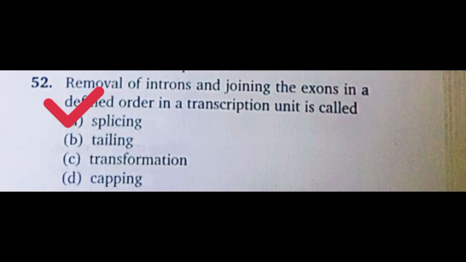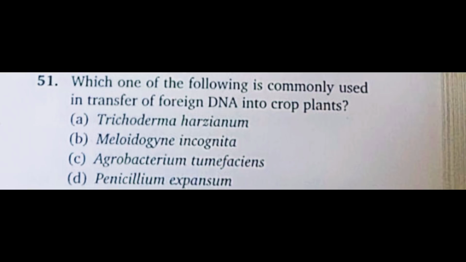The next question, which one of the following is commonly used in transfer of foreign DNA into crop plants? The options are Trichoderma harzianum, Meloidogyne incognita, Agrobacterium tumefaciens, Penicillium expansum. And the right one is option number C, Agrobacterium tumefaciens.